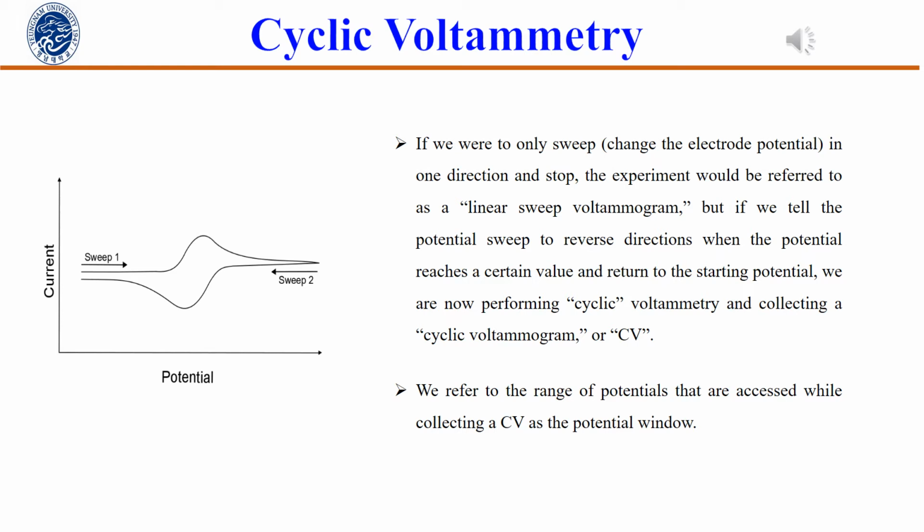Usually, electron transfers from high energy to low energy. So whenever we change the electrode potential, there is a chance for the electron to transfer from electrode to analyte or analyte to electrode.